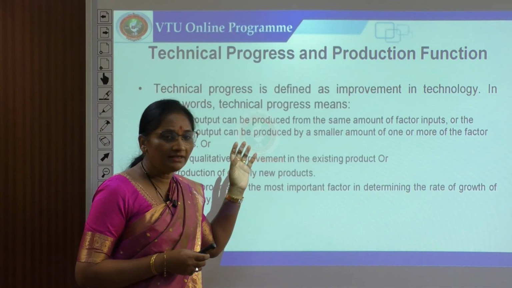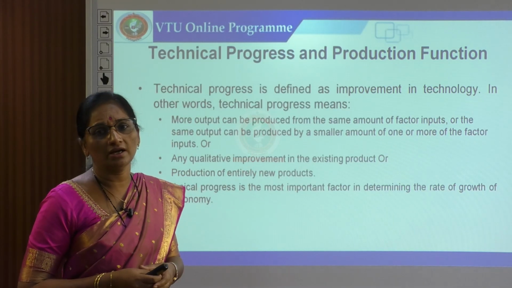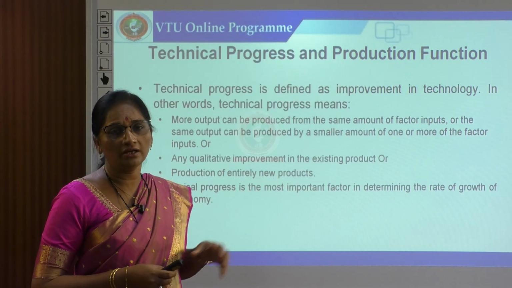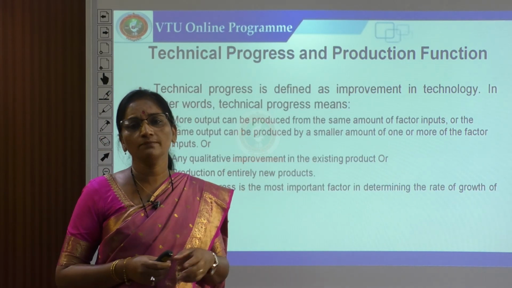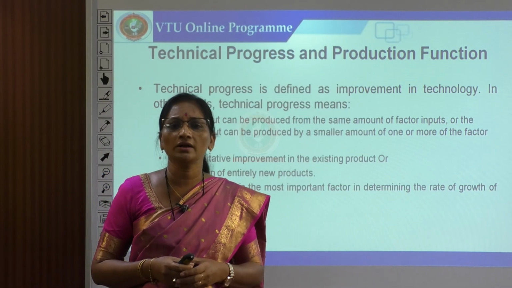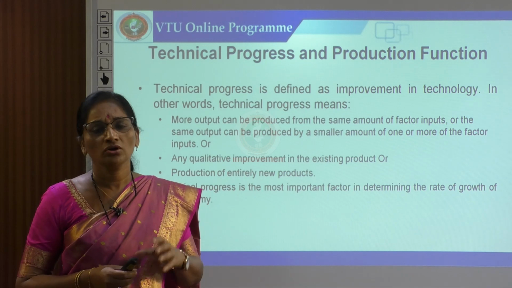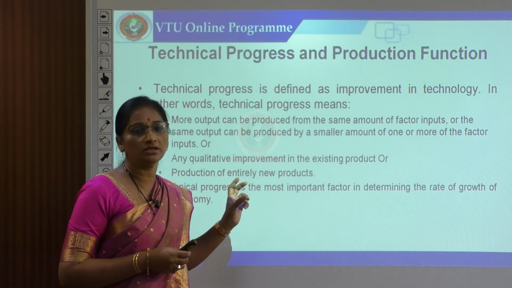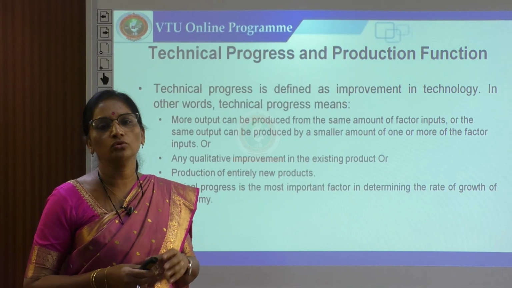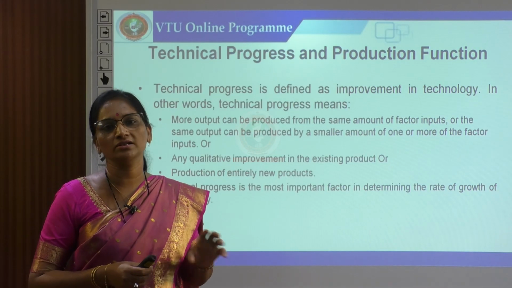So that concept we need to understand, and for that the economists have developed the concept. In the production function, the entire analysis, whether it is a short run or a long run production function, depends on one assumption: that technology is constant. But in practice no one is interested in keeping technology constant.